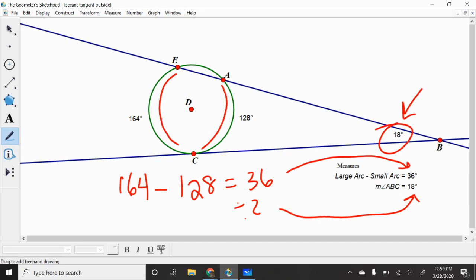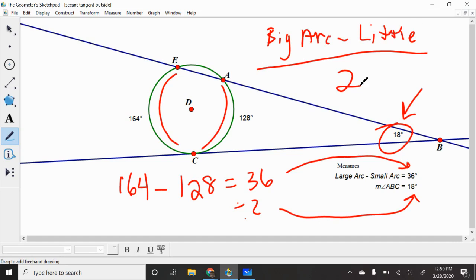And again, it's big arc minus little arc divided by 2. Okay, or you can look at it as the difference absolute value, because we don't want to get a negative. That's why it's big minus little. If you do little minus big, that's okay too, as long as you take the absolute value, as long as you don't make it negative.